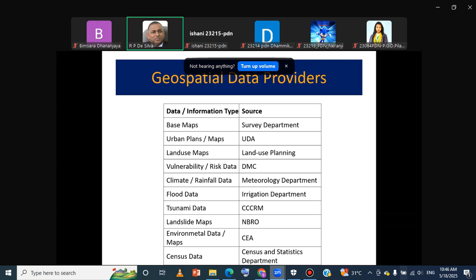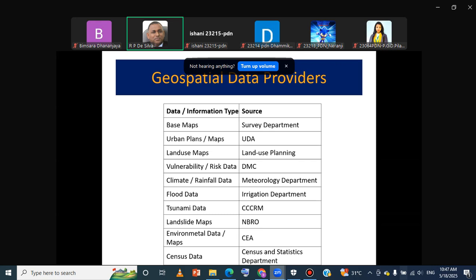Land use maps, land use planning department or division, and vulnerability or risk analysis data, disaster management center, and climate or rainfall data from meteorological department, Department of Meteorology, flood data, irrigation department, tsunami data, this special center, and landslide maps.